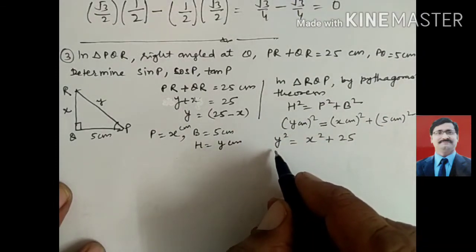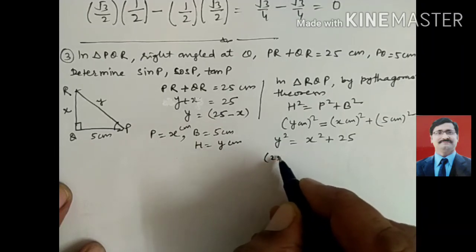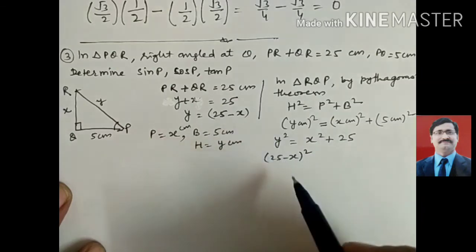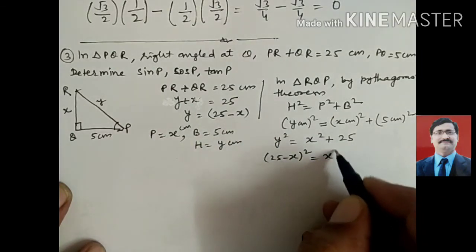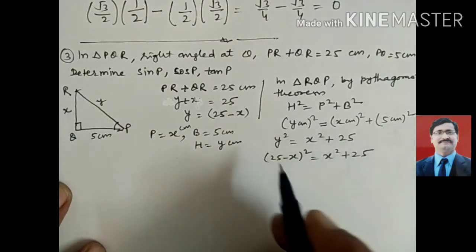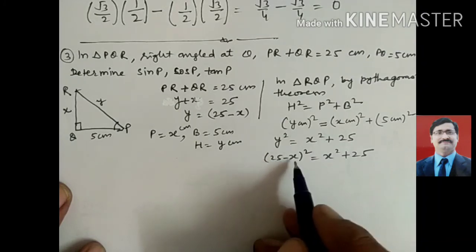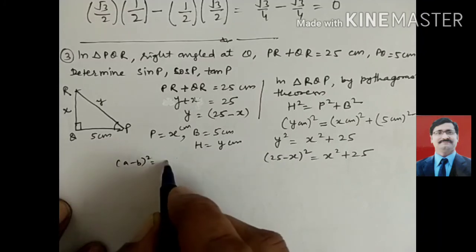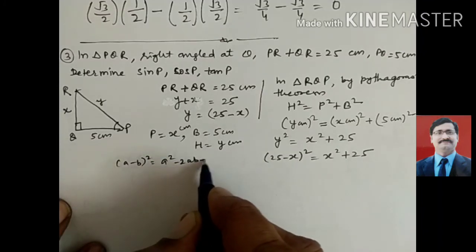Now look here, Y is 25 minus X, so you can write (25 minus X) whole square equal to X square plus 25. Now you will use the formula (A minus B) whole square. You already know that (A minus B) whole square is A square minus 2AB plus B square.